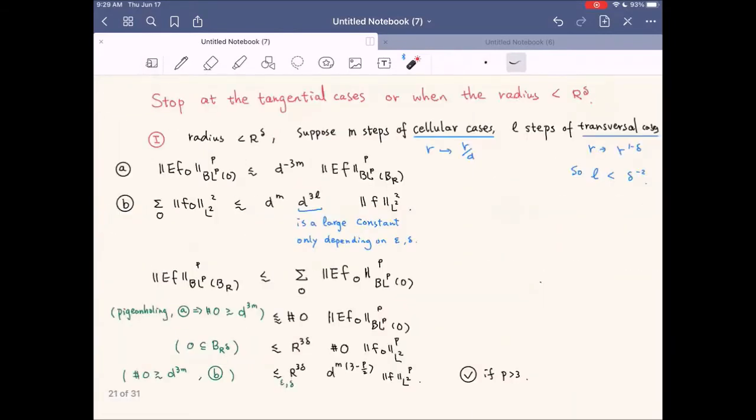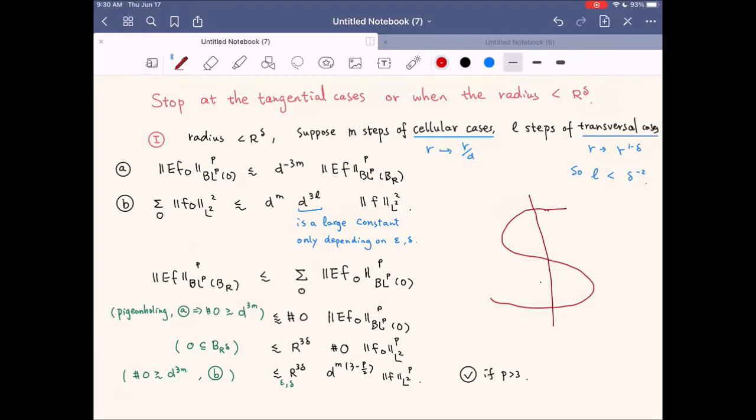So now things look kind of similar to the toy problem. We first apply polynomial partitioning, and if we are in the tangential case, as we have just discussed, we are in a very good position.